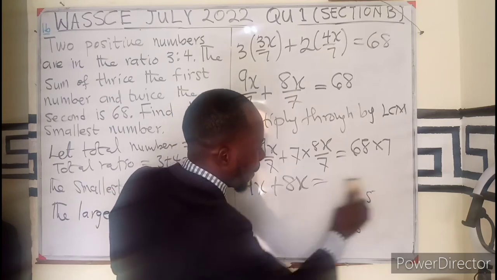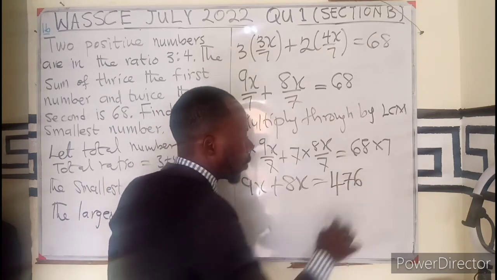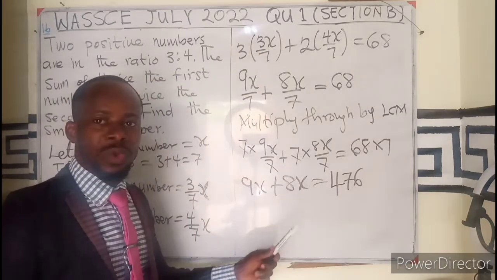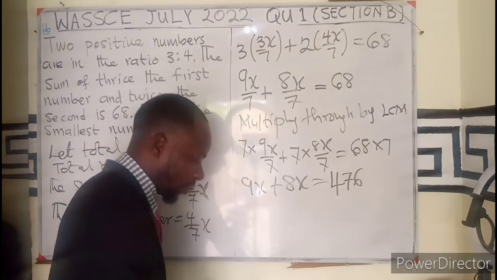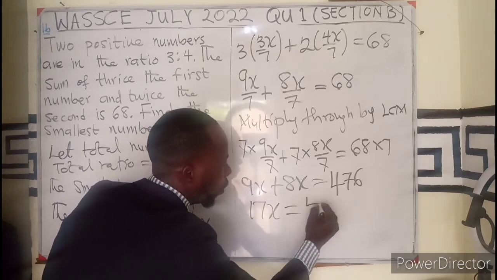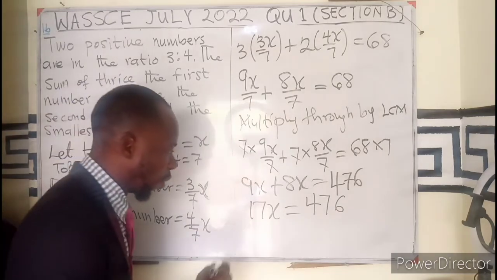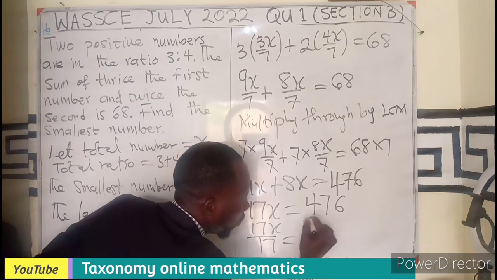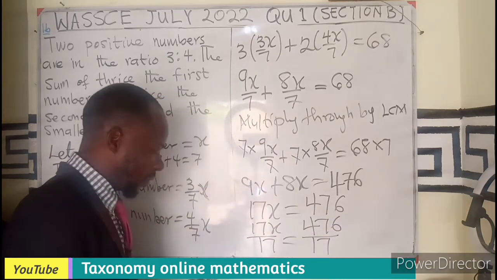Now we can easily compute that we have 17x equals 476. But we are after x. So 17x over 17 equals 476 over 17.